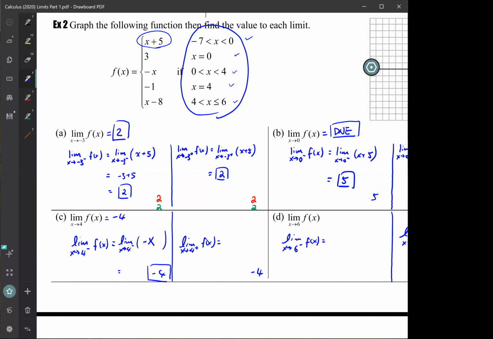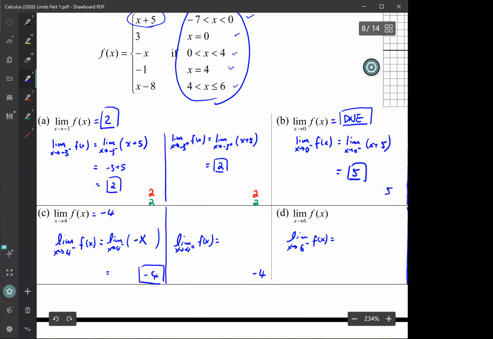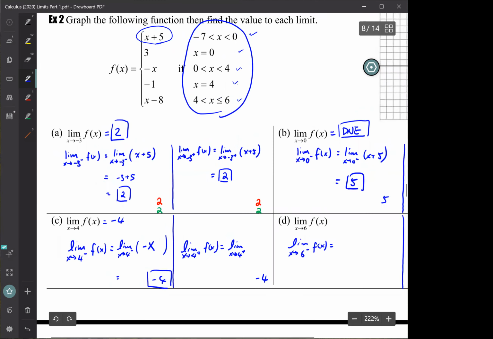Okay. And then Lex, how about you? Do you have the same answer for the right side piece? Okay. So right hand side, a little bit bigger than 4, so like 4.1. 4.1 belongs to which piece? Lex? What's the function?